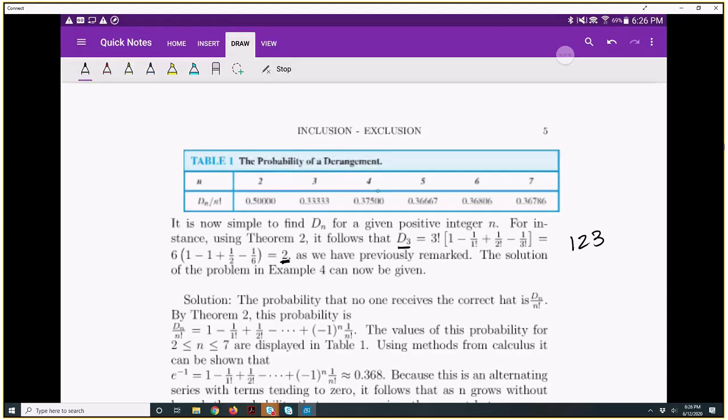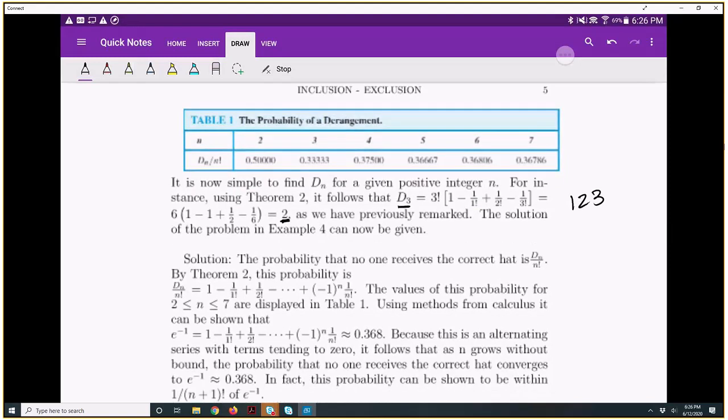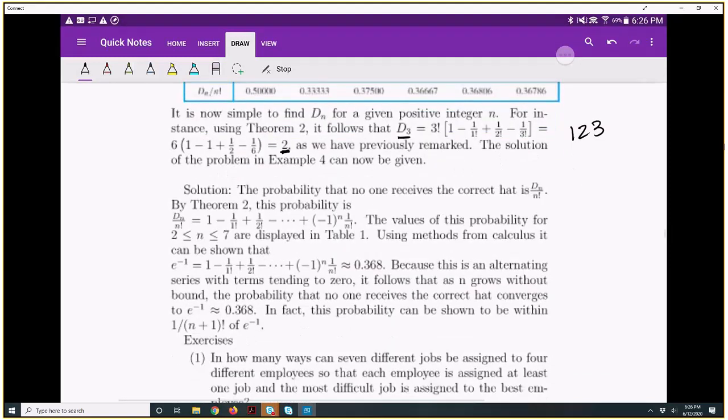Then it goes back above 0.368, then below, then back above, then slightly below. And using the methods that you may have seen in a calculus class, we can show that e to the negative 1, or 1 over e, is approximately 0.368.